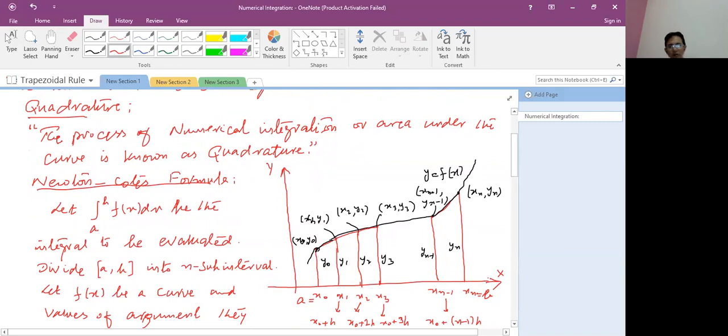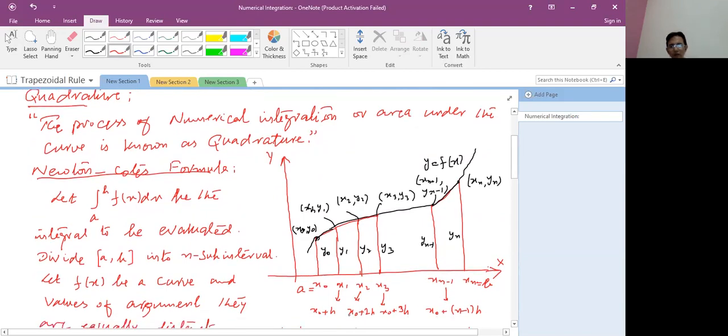When we draw straight lines from these values, we get y0, y1, y2 and y3. These are ordinate values. So this point is x0, y0, then x1, y1, x2, y2, x3, y3, up to x(n-1), y(n-1) and xn, yn.